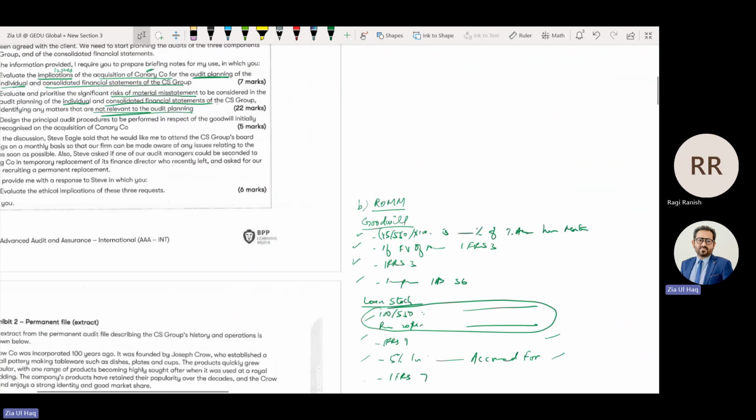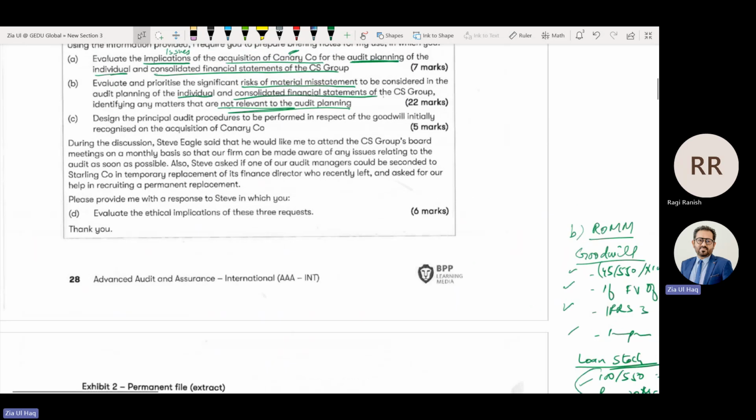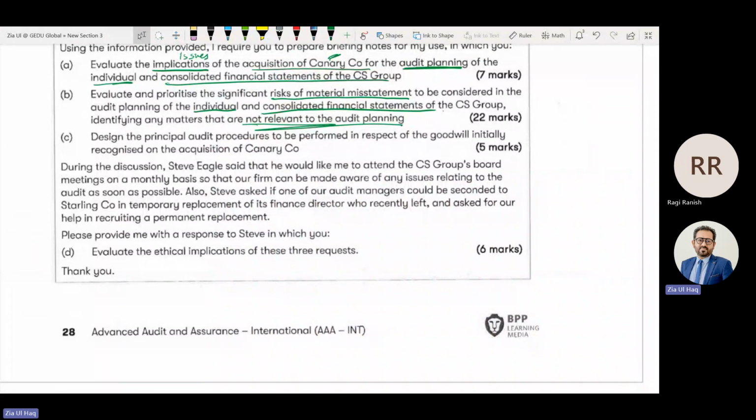If we move towards the question, requirement C of the question. Design the principal audit procedures to be performed in respect of goodwill initially recognized on the acquisition of Canary Company. We need to write down the procedures to verify goodwill. Straightforward, we can move on, or we can link a little bit with that contingent consideration.